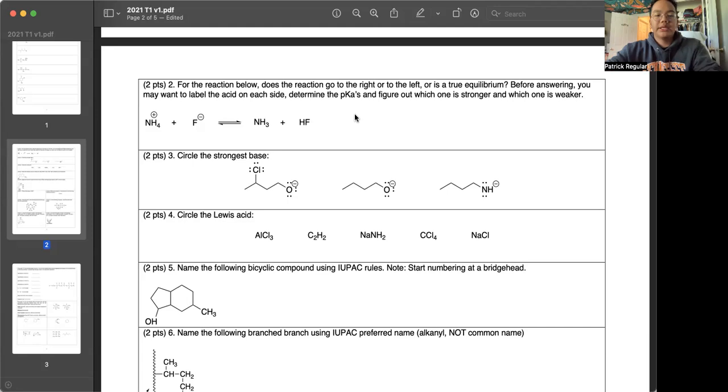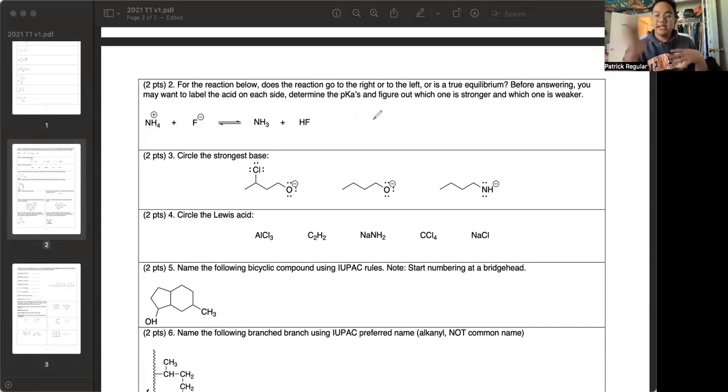So again, strongest base: how do I figure out the strongest base? What will accept the proton more? That's a good way to look at it. But for me, I work my way around, because acidity rules are really easy to understand, better than base rules. So the strongest base would be the weakest acid.